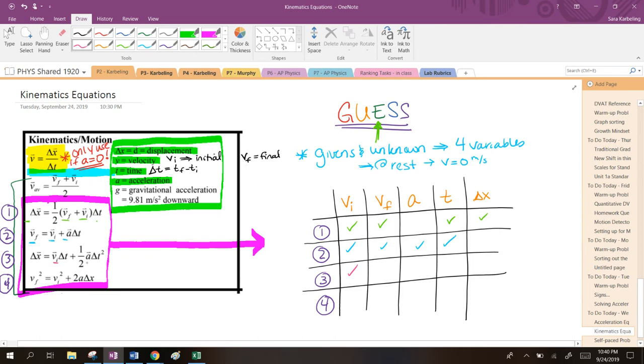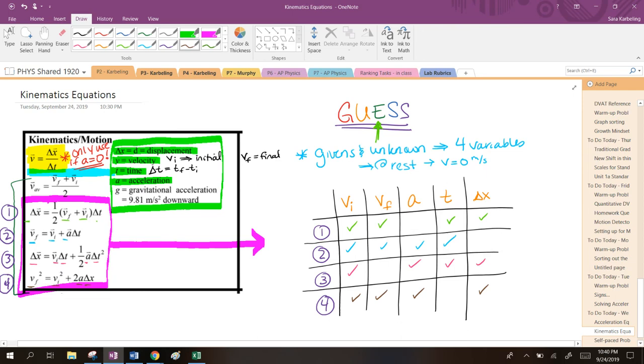But it's got an A, it's got a T, actually it has 2 T's. This is my favorite of the kinematics equations, by the way. And it does have displacement as well. And then this last one has initial velocity and final velocity. It's got acceleration. The thing that's missing is time, and it does have displacement, okay?